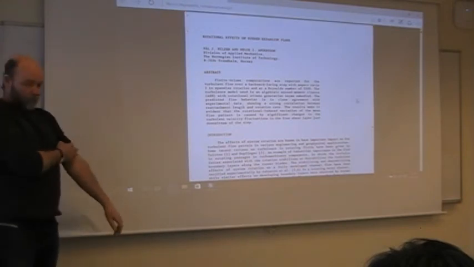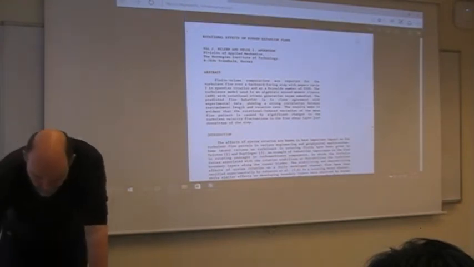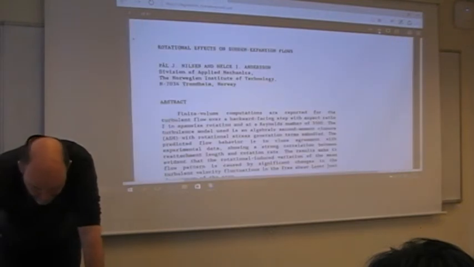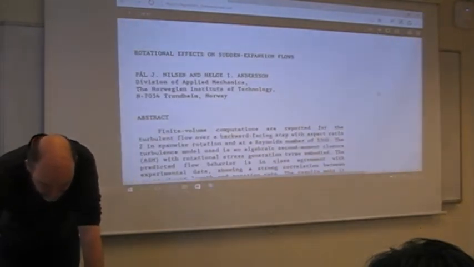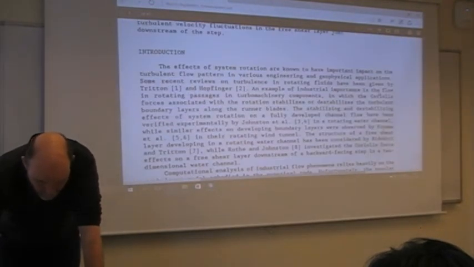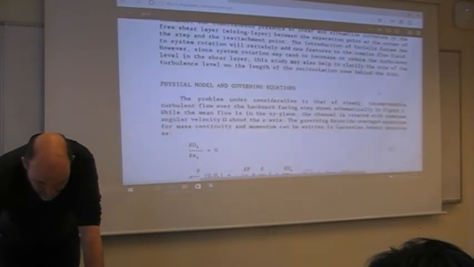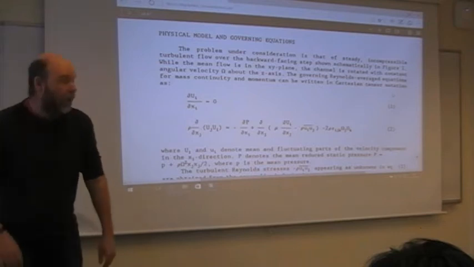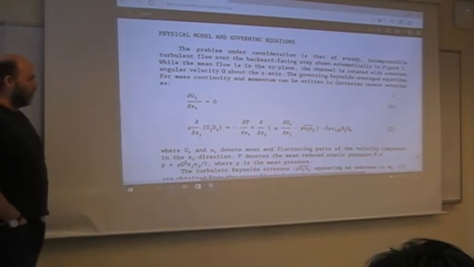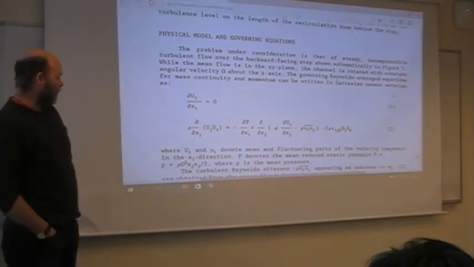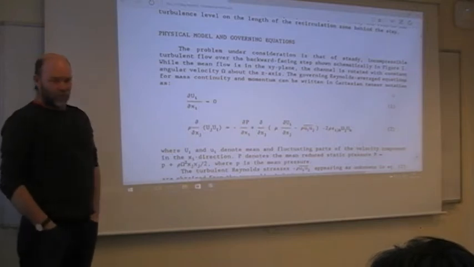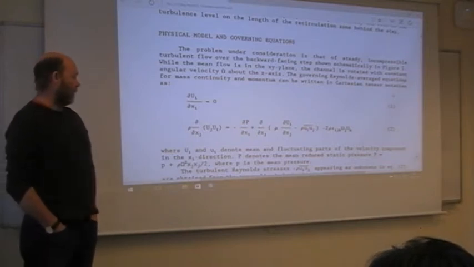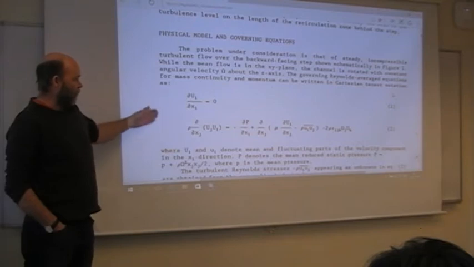So we start looking at the first one. Make it a little bit bigger. So here you have the RANS equations for this problem. It is a 2-dimensional problem, and it's steady state, no time derivative.